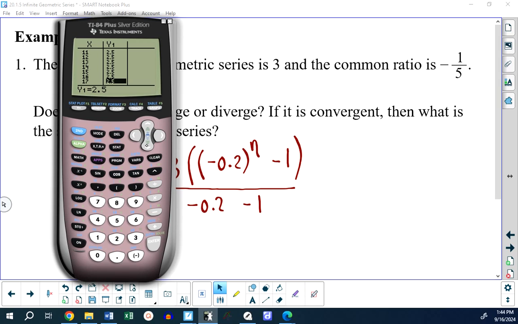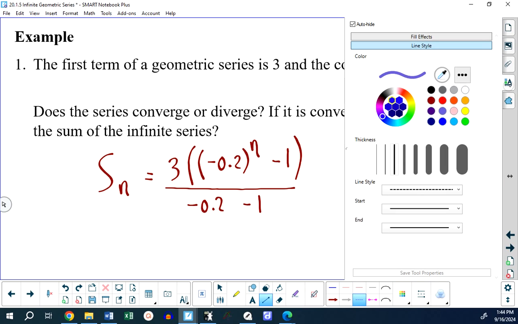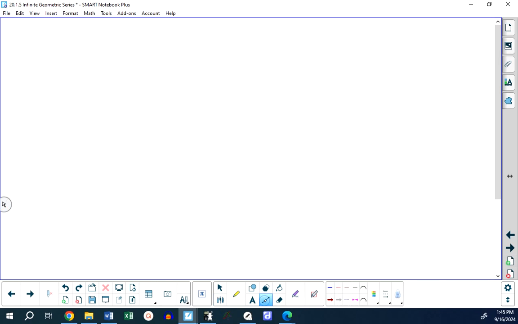It's converging on 2.5, but not in the same way the other one did. The sum goes from 3 to 2.4 to a little bit more than 2.5 to a little bit less than 2.5. Let me draw that for you bigger. Here's where 2.5 is, and the graph is doing this.